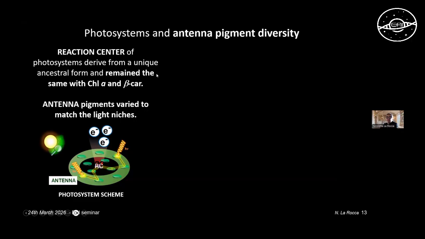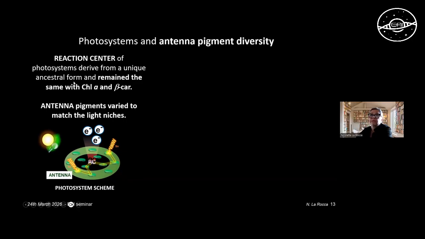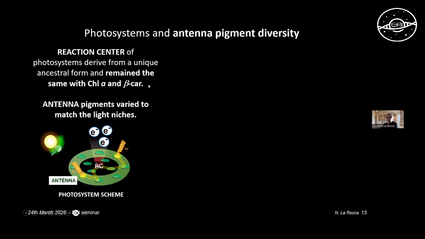This is still present in all photosynthetic organisms, harboring chlorophyll a and beta-carotene. The reaction center is surrounded by an antenna system.